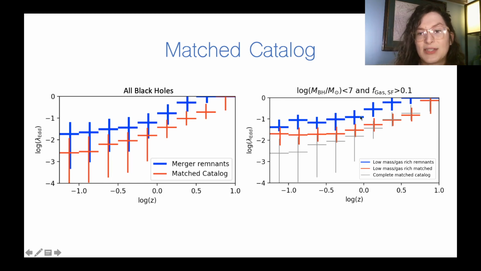But once we look at this specific subpopulation, low mass gas rich, we see again that enhancement is maintained fairly decently down to low redshift. So that is a rundown of what we could do with the snapshot data.